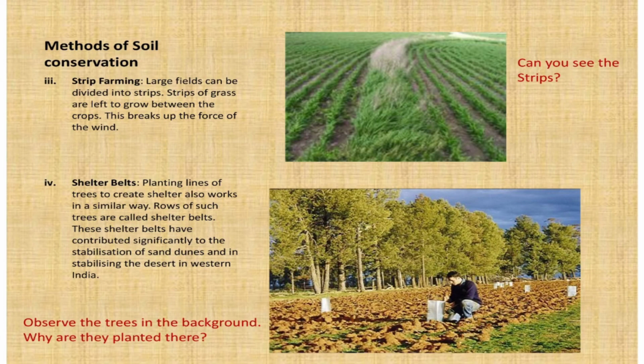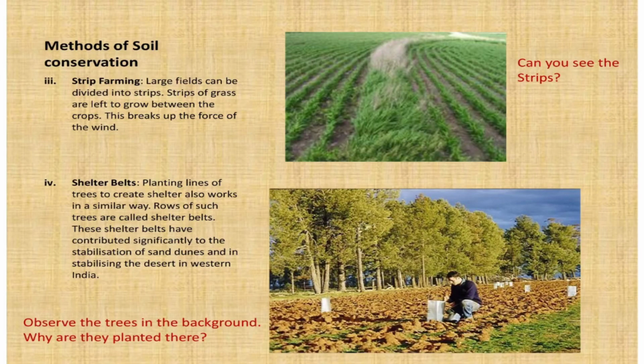Here we have discussed the methods of soil conservation. In this, strip farming is shown, and second is shelter belts. Many of the large fields can be divided into strips. Strips of grass are left to grow between the crops, and this breaks up the force of the wind.